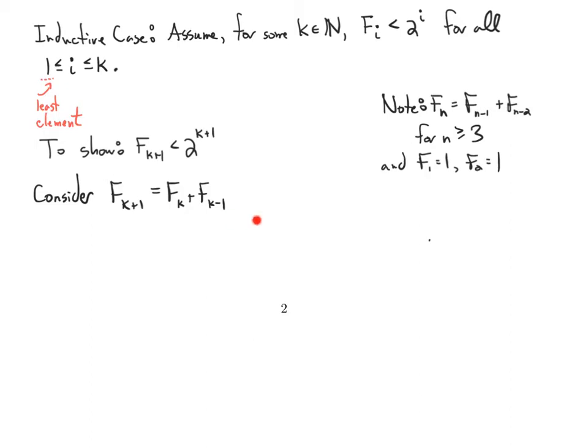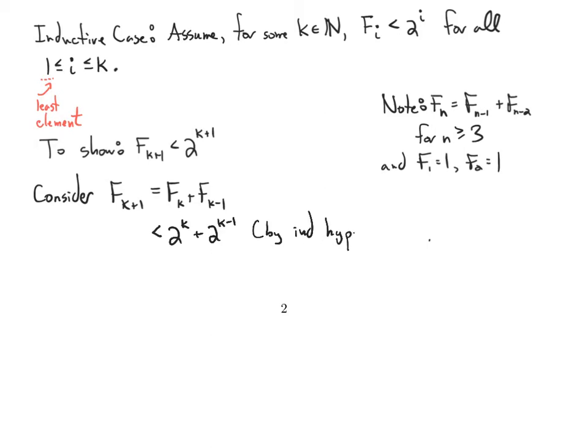And now, using that definition, I can see how I can use my inductive hypothesis. I know that each of these is less than 2 to the index. So this is going to be less than 2^k plus 2^(k-1), and this is by the inductive hypothesis.